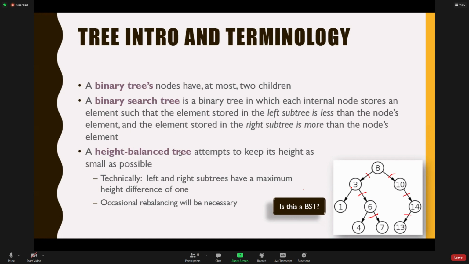If you look at the right side, the height is 3. It's within 1. It's still considered balanced if one is 2 and one is 3, or one is 1 and one is 2. It can be off by 1, but it can't be more than 1. If it's 2 or more, then obviously it is not height balanced. Okay, we're going to talk about why that's so important to us algorithmically, but we'll get there soon enough.